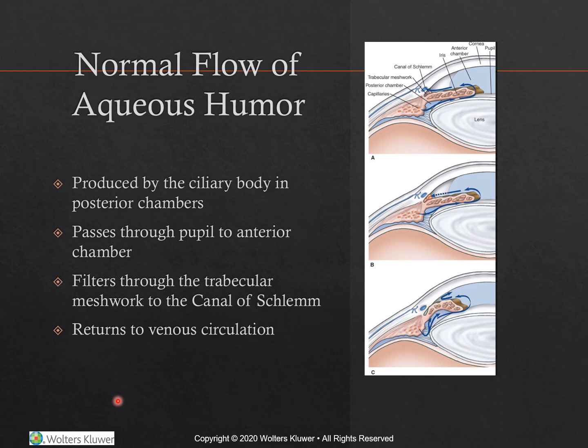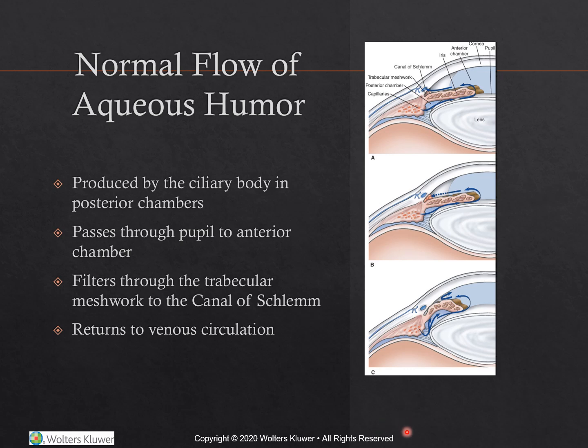That fluid then passes through the pupillary opening and moves into what we call the anterior chamber of the eye. And then it filters through something called the trabecular meshwork through the canal of Schlemm, where it returns to the venous circulation. So that's the normal flow of this fluid.